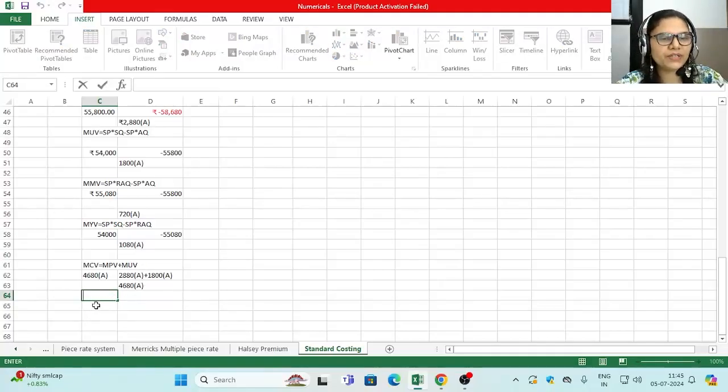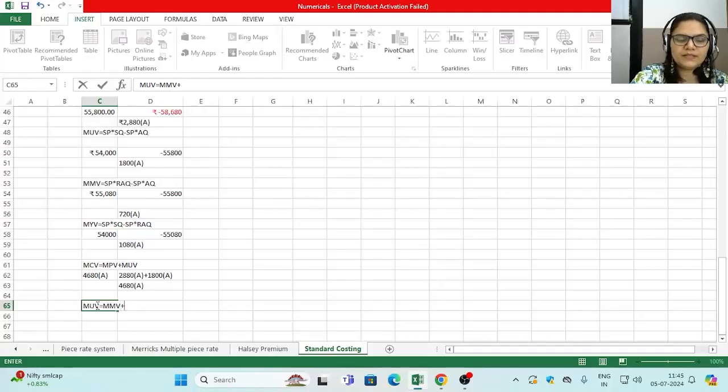Similarly, another equation is material usage variance is equal to material mix variance plus material yield variance.